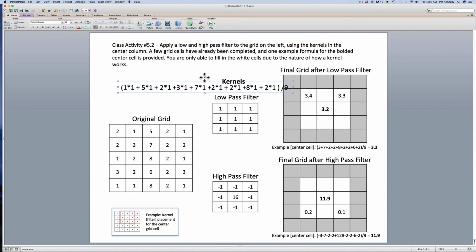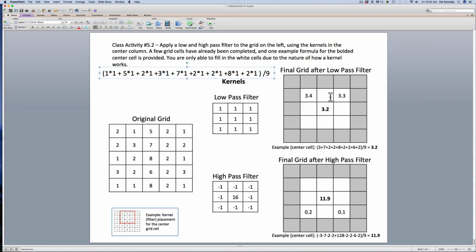That's how we would get the value that we would type in right here.